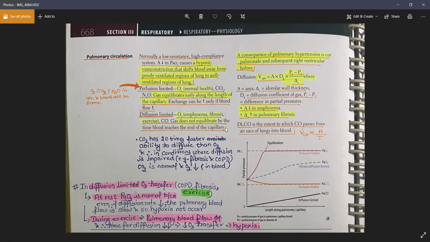Very important: whenever you have emphysema or pulmonary fibrosis, the DLCO will be reduced. And when the DLCO is reducing, the patient is having less diffusion. When the DLCO is increasing, you will get more diffusion, right? So this is how the DLCO is very helpful in determining the cause.